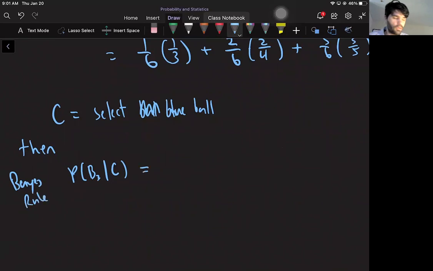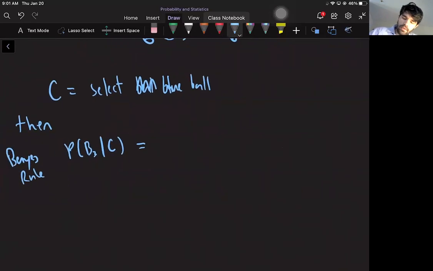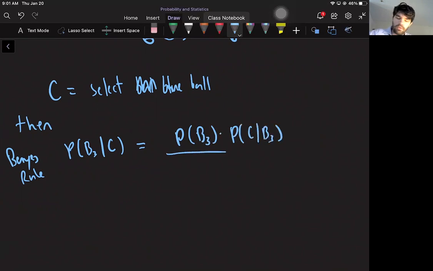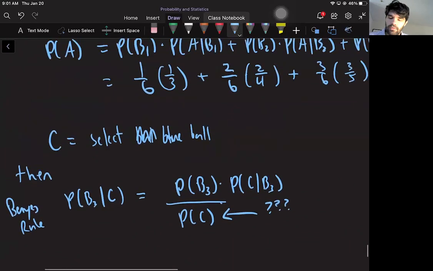The previous one was the law of total probability. So first, we just relate it using the proportions that both relate to the intersection. This is how Bayes' rule starts. It reverses the conditional, and then you divide by the probability of C. But the whole point is this one, I don't know without using the law of total probability.